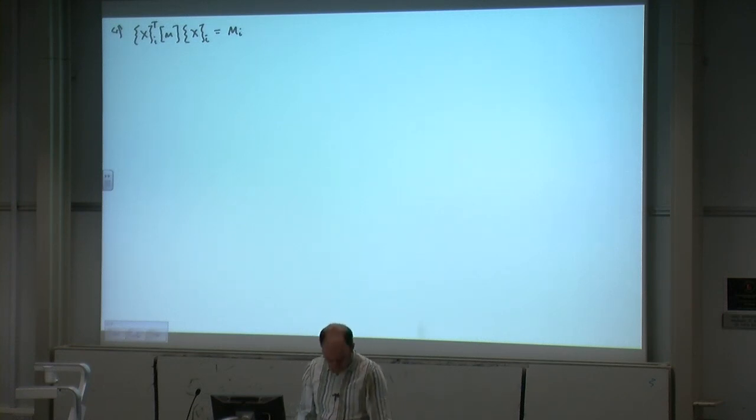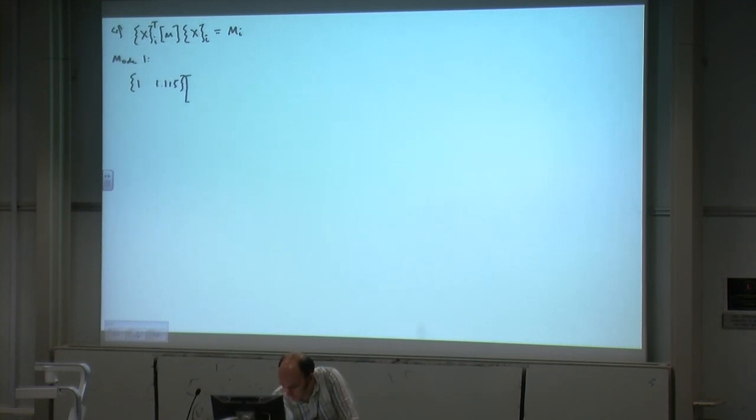And so we take the first one, for mode 1. We have 1.115, so there's the mode shape transposed. We have our mass matrix, which is m, 0, 0, 2m, and we have 1 and 1.115 here, equals m1.